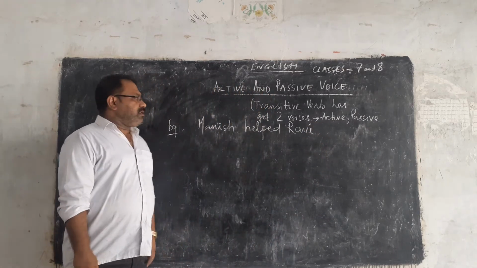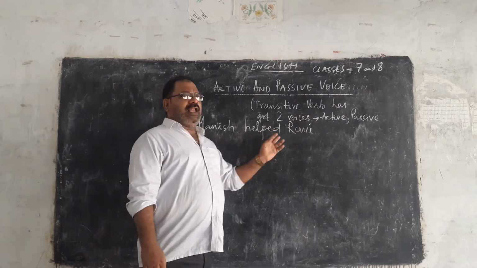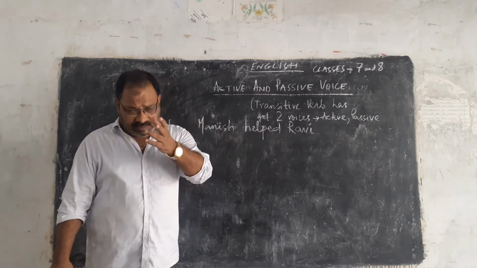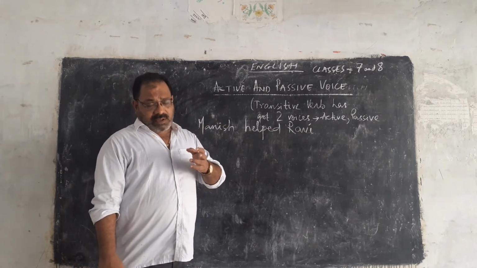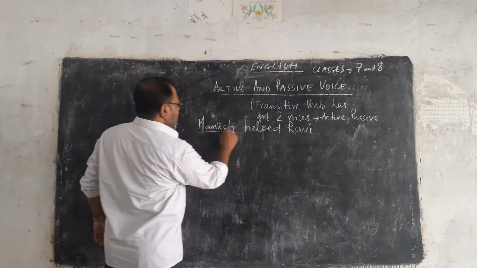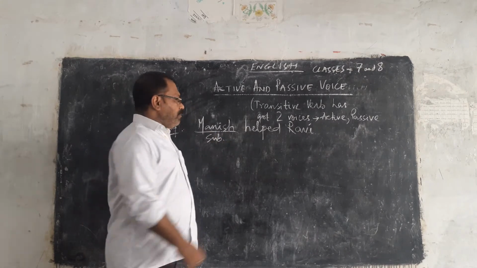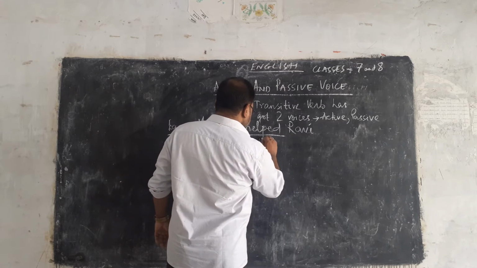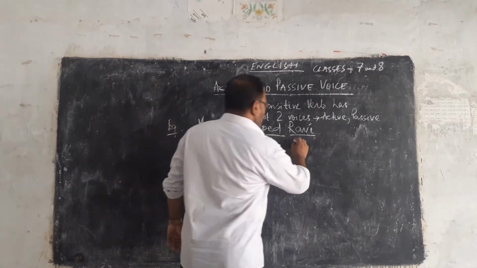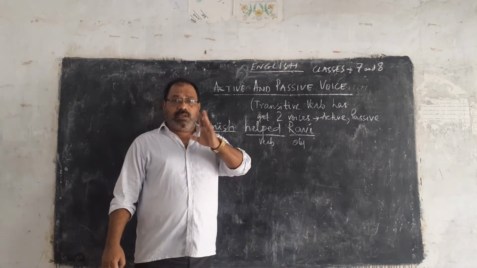So, 7 and 8, I have written a small, simple sentence: Manish helped Ravi. A noun becomes the subject of a sentence. Manish is the subject. The verb is helped. Ravi is the object.